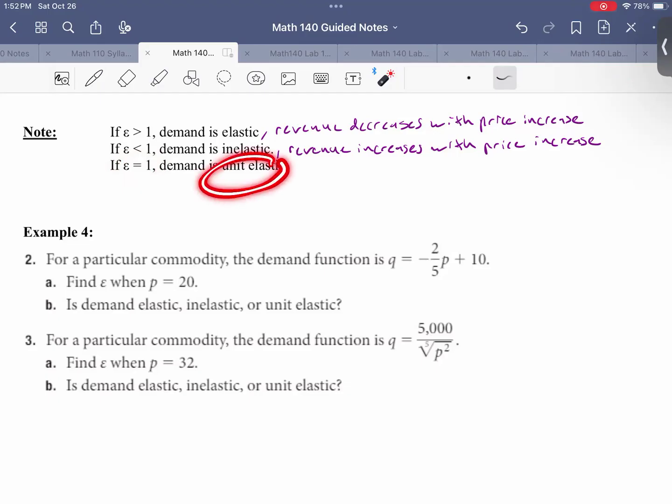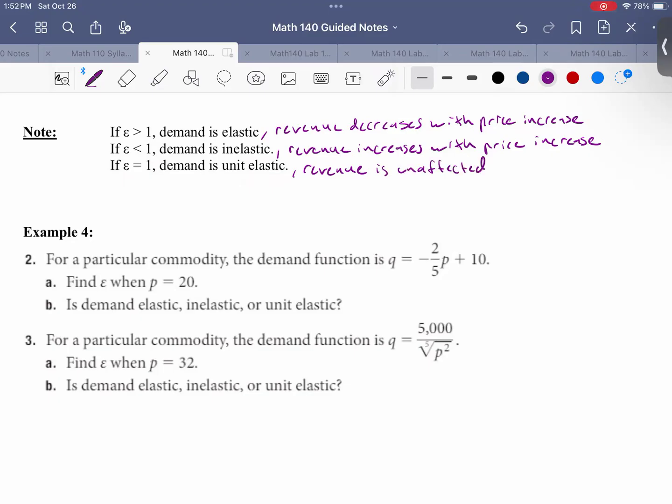That means the demand is unit elastic, and that means the revenue is neither increasing nor decreasing. It is unaffected by price increase. Okay, so that is our setup with elasticity.